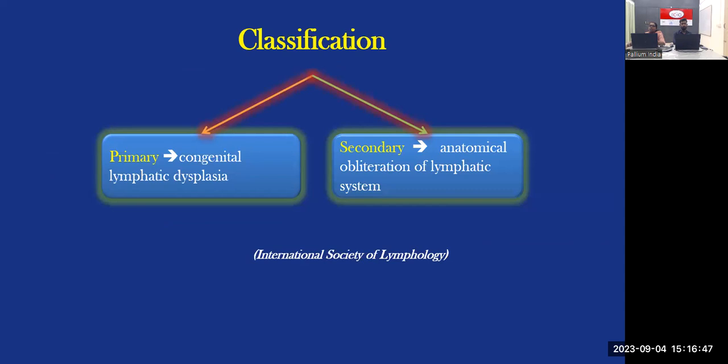Now our lymphatic systems work well, but we don't know what might happen in our body after maybe 2 days. If there is any major accident or any tumor, there will definitely be anatomical obliteration. Based on that, it is again divided into two.